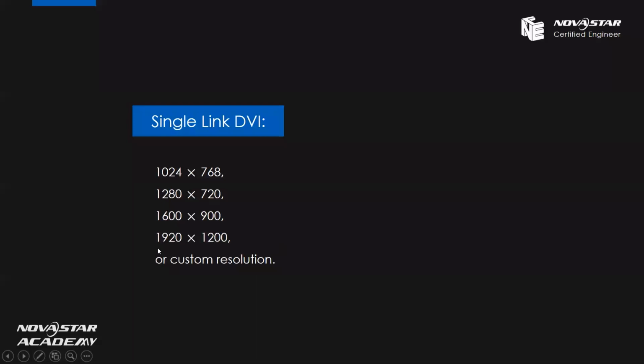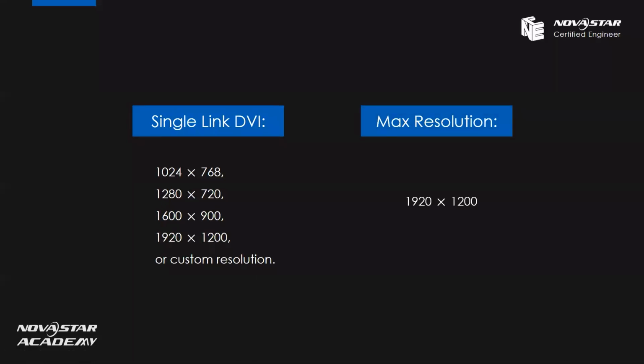From this, we can see the max resolution of the single-link DVI is 1920 by 1200. So after calculating, we can get about 2.3 million pixels. So that's why the loading capacity of the 4 output controller is 2.3 million pixels. It is because of the limitation of the input resolution.